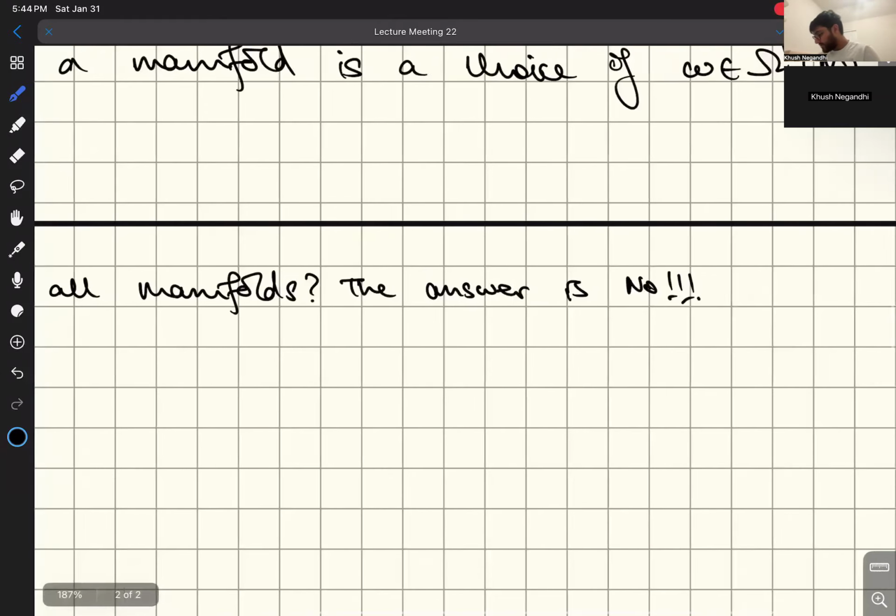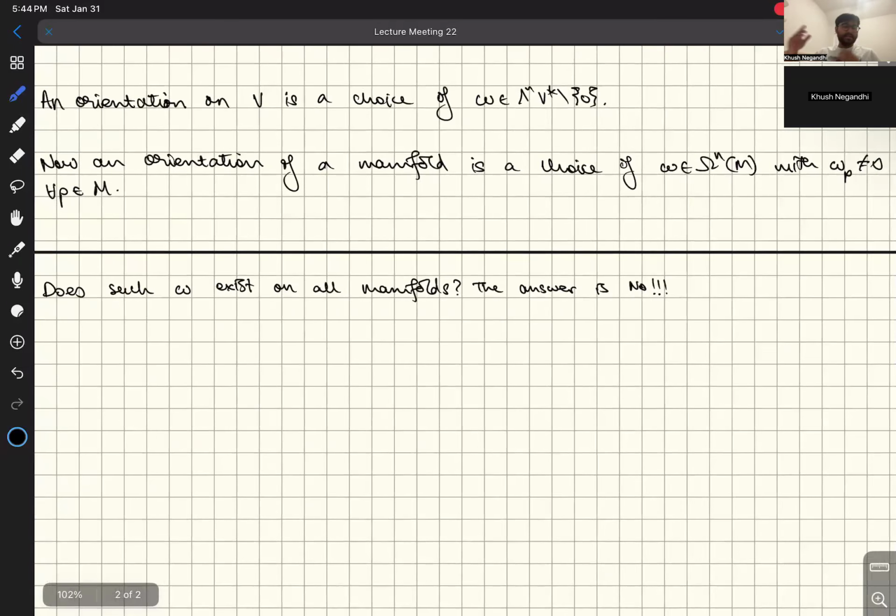And the reason the answer is no is, well, for one, we'll see that an orientation is equivalent to the choice of choosing a direction that points up, whatever up means. And not only that, actually, it is that.